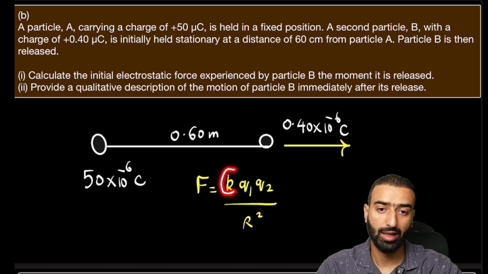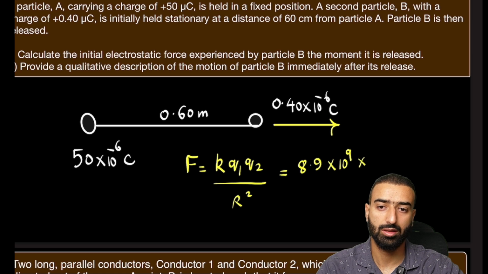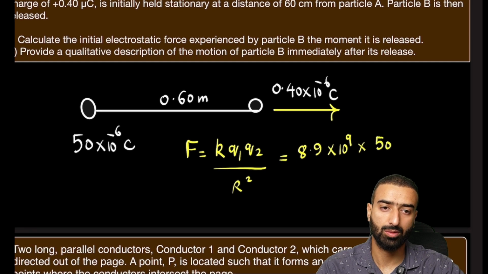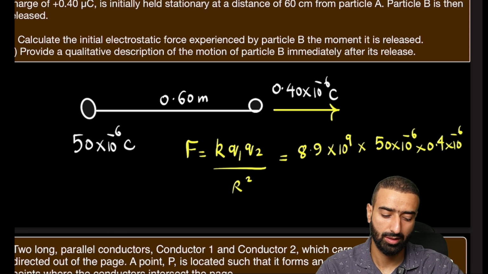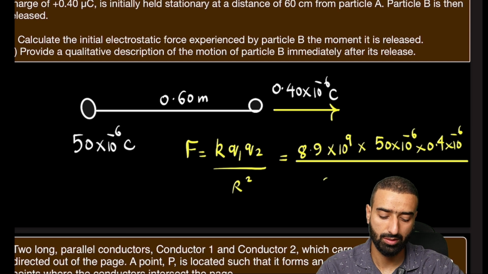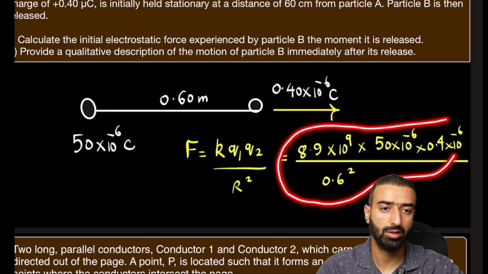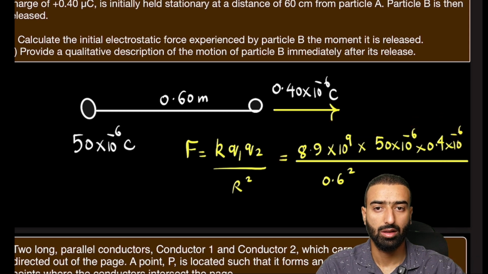The value of k is about 8.9 times 10 to the 9. Q1 is 50 times 10 to the minus 6. Q2 is 0.4 times 10 to the minus 6, divided by r squared. That would be 0.6 squared. So all we have to do is plug this into our calculator and we'll get the result.